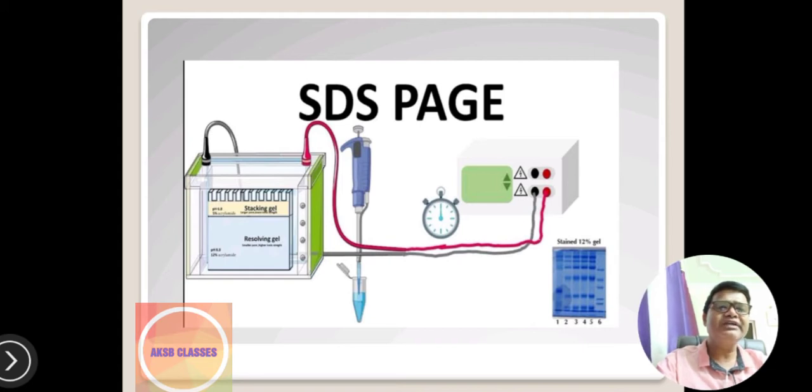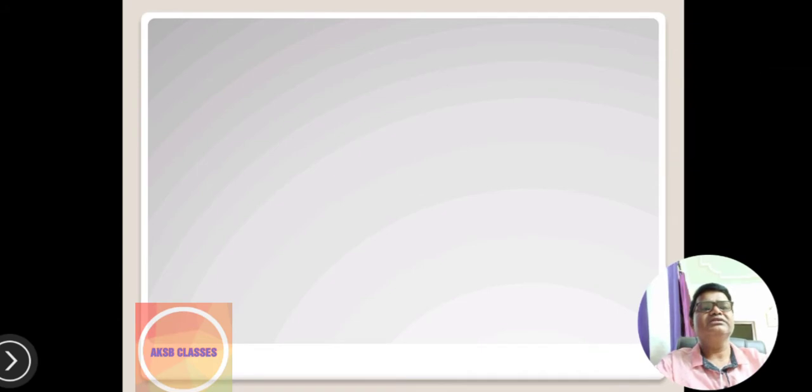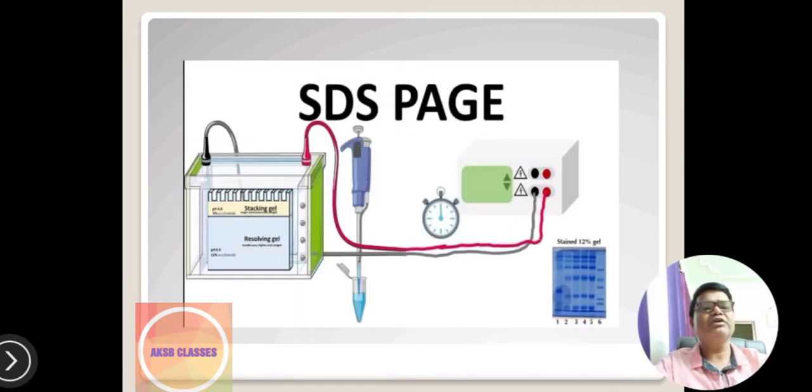So it gives the negative charge, due to which the protein molecules move from the cathode, indicated in black color, to the anode. So there is movement from the top end to the bottom end in polyacrylamide gel electrophoresis. If you want to study the structure of the polyacrylamide gel, then we see the movement of the protein.